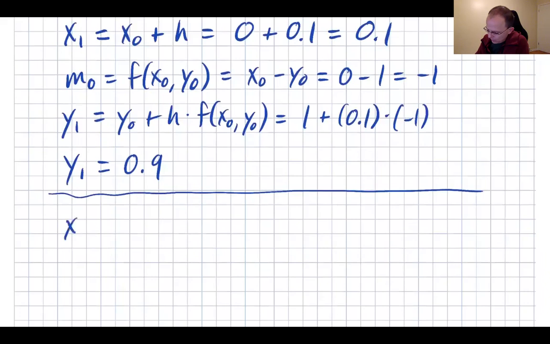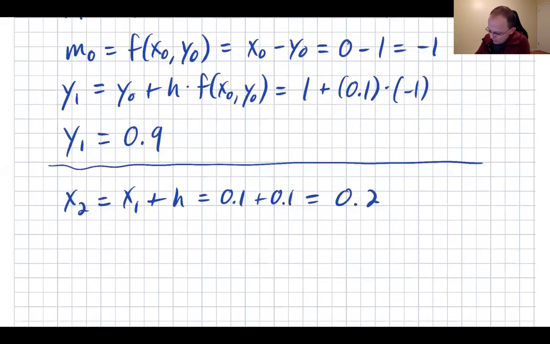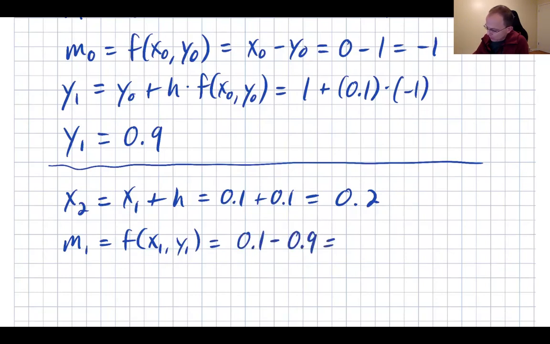Now let's do x2, x1 plus h. This is 0.1 plus 0.1, which gives us 0.2. The slope at this point is going to be x1 minus y1, so that gives us negative 0.8.